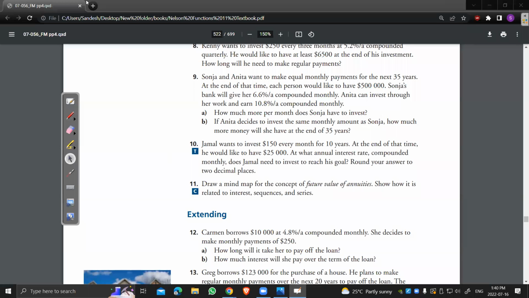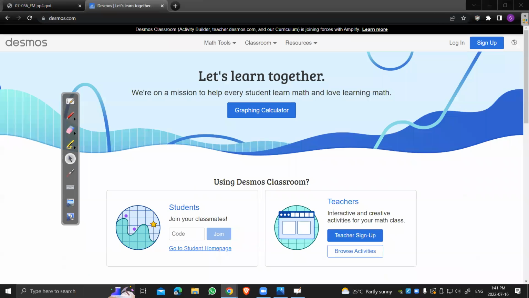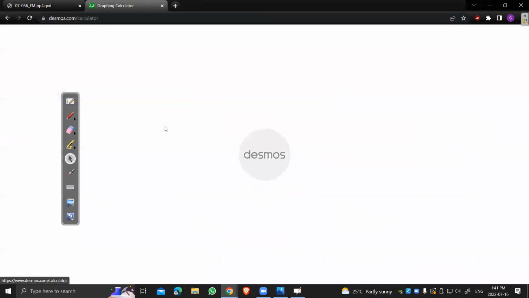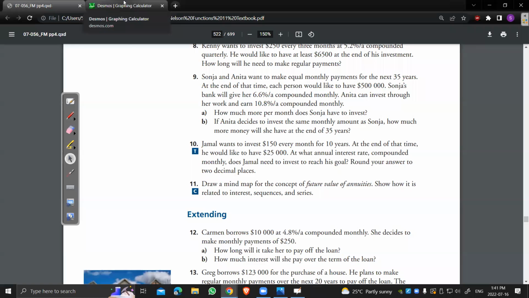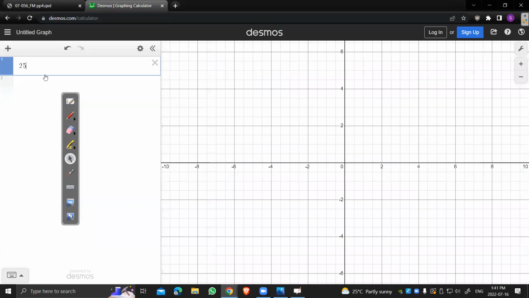So we're going to have to use technology to do this, but you don't have to use Excel here. Let me show you another way to do this, which is called Desmos. I don't know if we've used this before. Have we? Yes, for graphing. Okay, so we have FV, that's 25,000, equals R, the periodic payment, which is 150, bracket open, 1 plus I divided by 12.